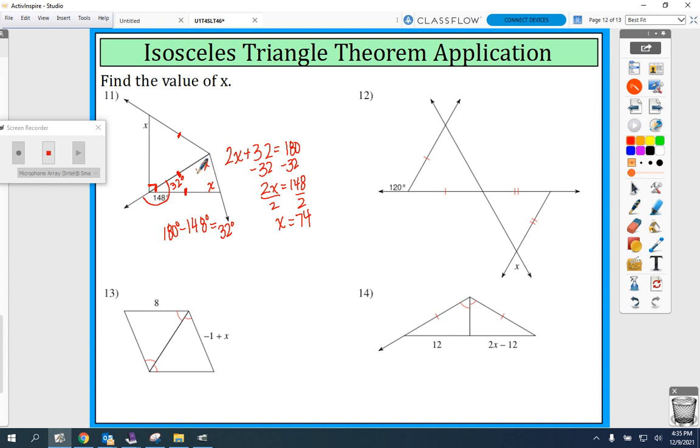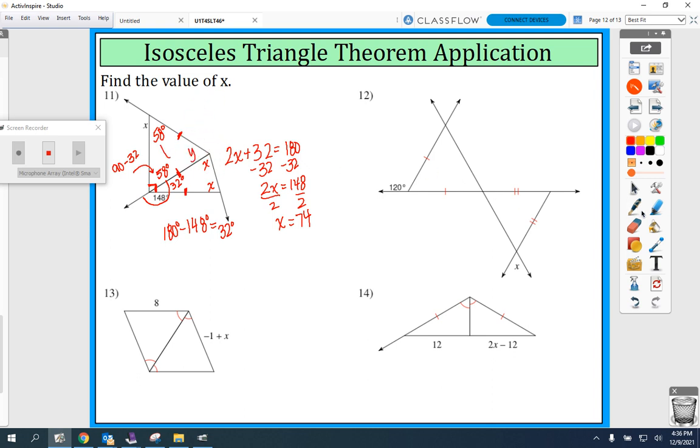Again, I know that this angle here is 90 degrees, which if this one's 32, then I can find this one by doing 90 minus 32. 90 minus 32 is 58 degrees, which since this side is congruent to this side, I know that these are both 58 degrees here and here, which then allows me to find this angle, which we'll call y.